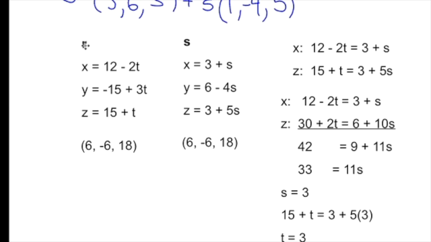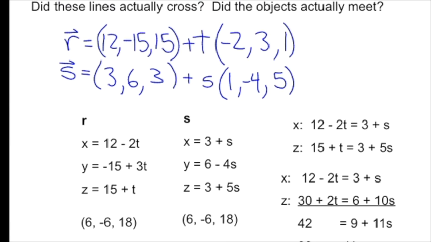So line R ended up at this point (6, negative 6, 18) when t equaled 3. And line S also ended up at the point (6, negative 6, 18) when s equaled 3. So they were at the same place at the same time. Therefore, they did actually meet.